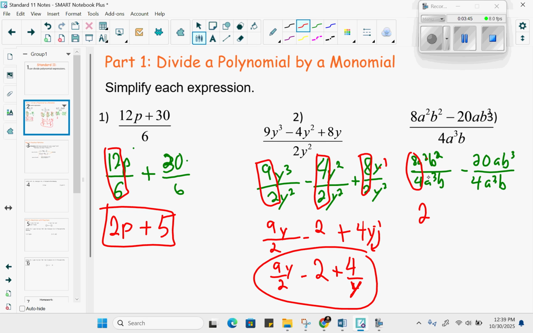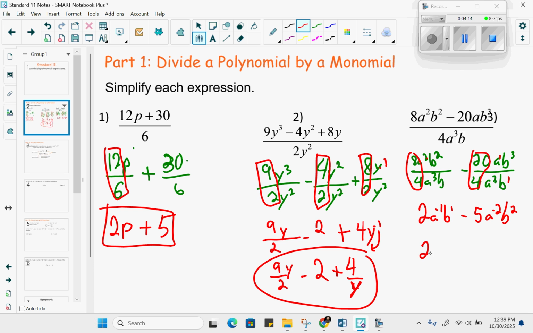I have a squared divided by a to the third, which is going to be a to the negative 1. I have b squared divided by b to the first, going to be b to the positive first. Minus, now 20 and 4, I'm going to have 5. a divided by a cubed would be 1 minus 3. It gives me a to the negative 2. b to the third divided by b to the first, 3 minus 1 is 2, so b squared.